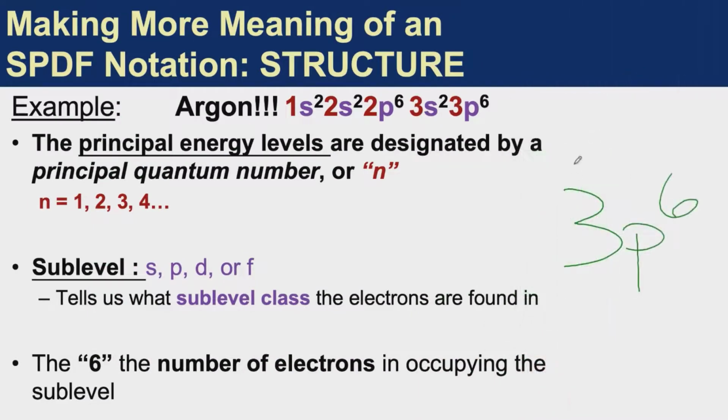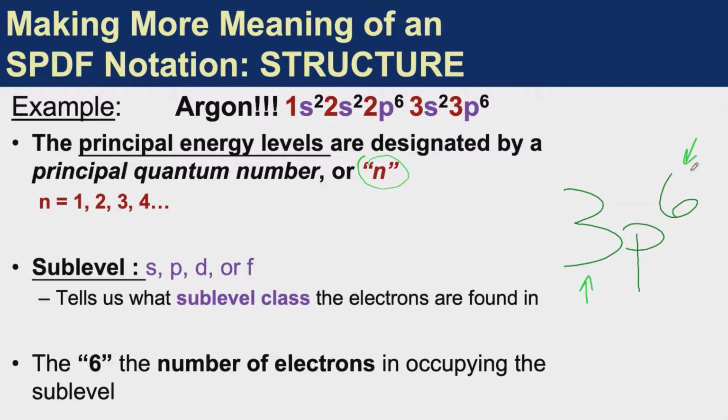To make a little more sense of this, here is a summary that covers what the big number, the letter, and the exponent mean. This number is known as the principal quantum number. It is abbreviated sometimes as N. It basically designates what principal energy level an electron is found in. The P represents the sublevel and also corresponds to the block that that element resides in on the periodic table.